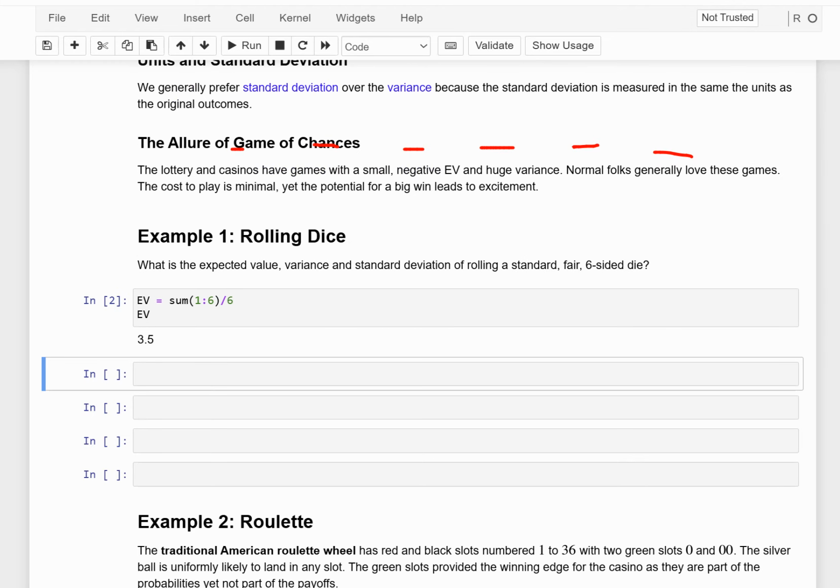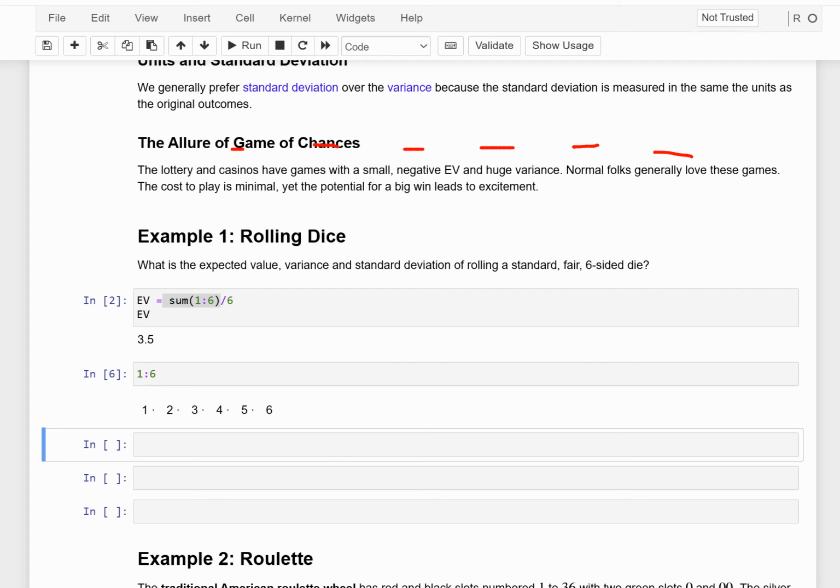Okay, it turns out that there is a way to find the sum of these squared values. Let's first look and see. If I do 1 colon 6, it prints out the values 1, 2, 3, 4, 5, 6. And the important thing to notice here is that it's a vector. It's a row vector. Why is that important?